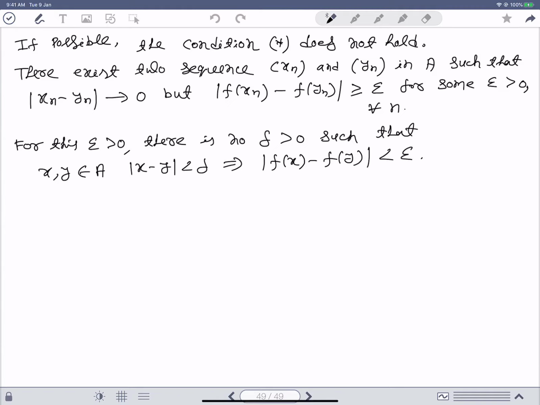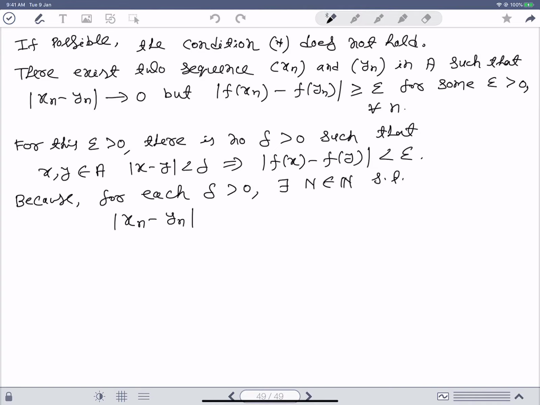Why? Because for each delta bigger than 0 there exists a natural number N such that mod of xn minus yn less than delta for all n bigger or equal to N. Why? Because the sequence mod of xn minus yn converges to 0, right?